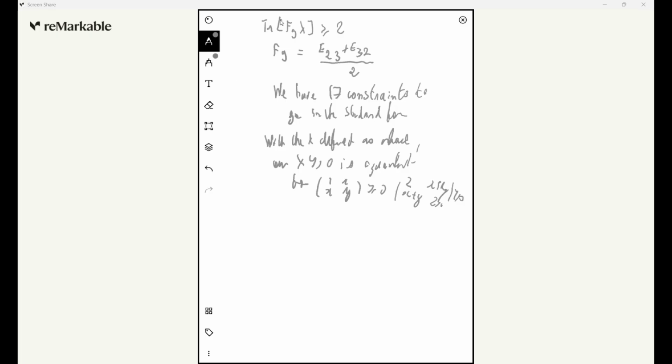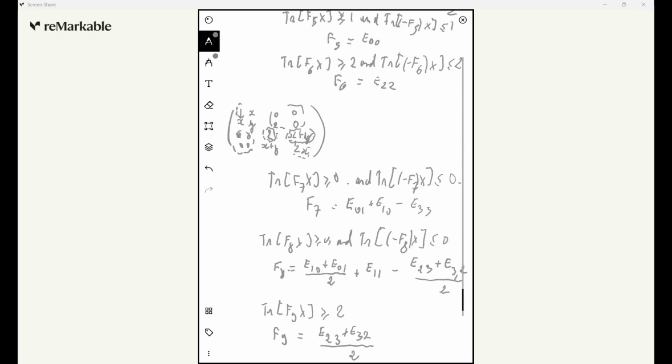So now the objective function x exists. X, and so x exists at the end. E01 plus E10 over 2.